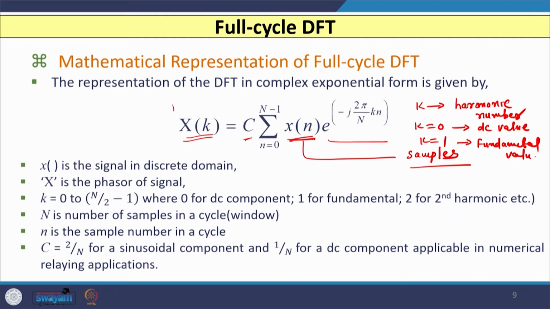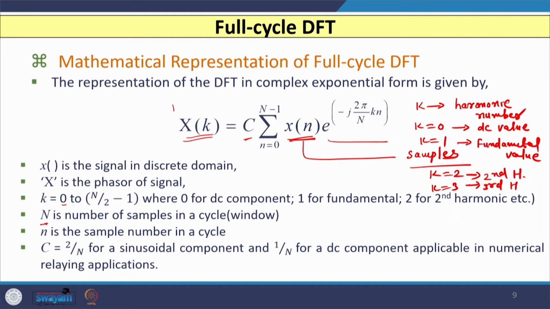If k is equal to 2, that indicates the second harmonic, right. If k equal to 3, it indicates the third harmonic, and so on. So, the value of k varies from 0, where 0 indicates the DC value, up to N by 2 minus 1, where capital N is the number of samples in a cycle.